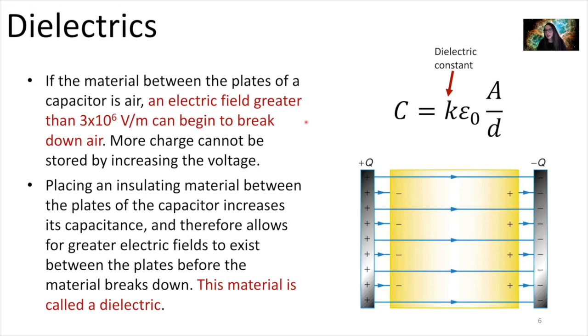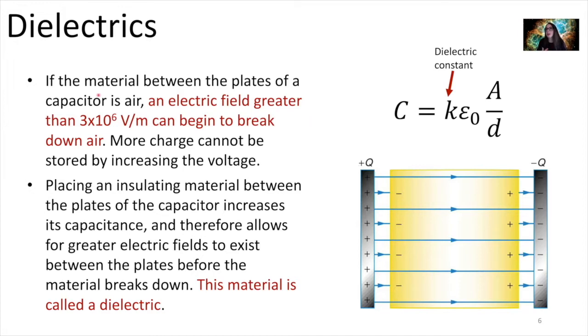Now, a standard capacitor has a problem. And that problem is that with a standard capacitor, when you have your parallel plates and you've got air or vacuum between those plates, there's a certain limit of electric field that you can get within that plate. There's a certain limit of electric field that you can get between those plates before that capacitor starts to break down.